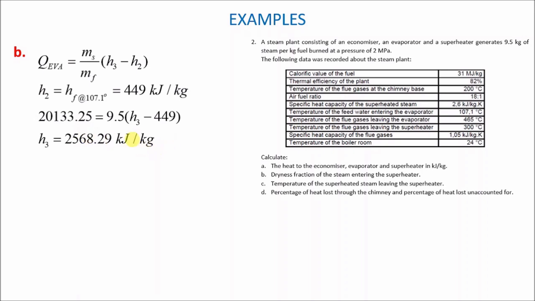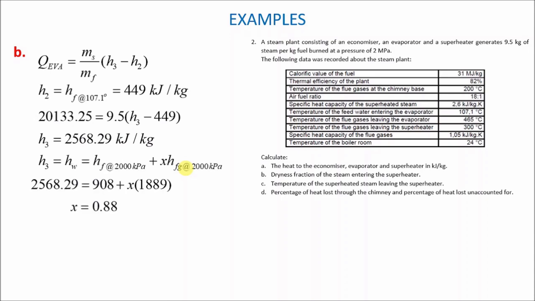Once you have H3, remember H3 is an H wet, so you can look for HF at 2000 kilopascals, because that's the pressure in the steam plant, and HFG at 2000 kilopascals. H3 is an H wet, so it's this equation that you use, and you plug in all the numbers that you already have. 908 is HF at 2000 kilopascals, and 1889 is HFG at 2000 kilopascals.